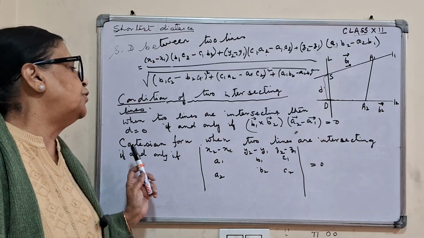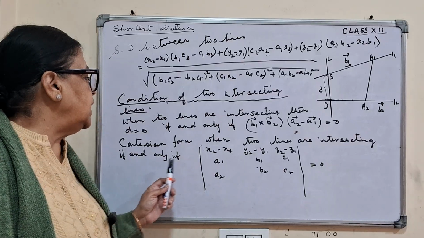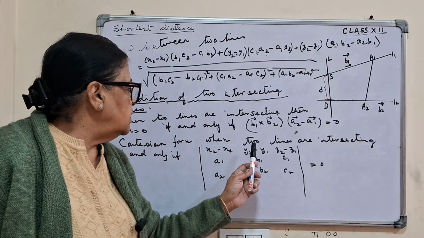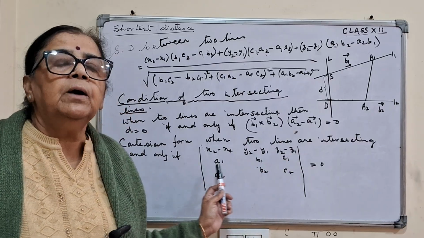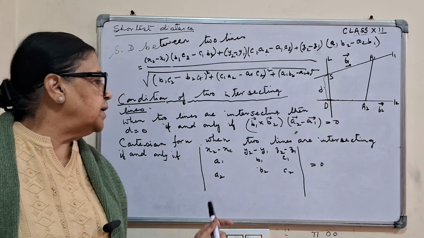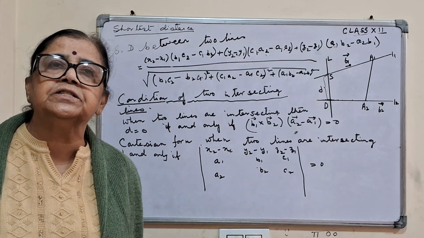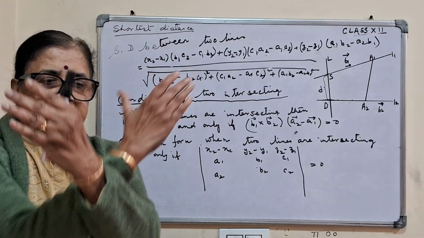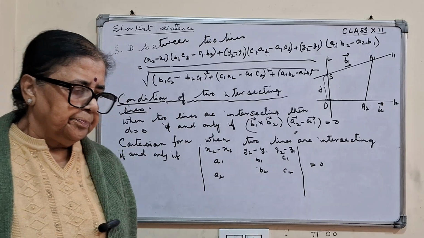In Cartesian form, the two lines intersect if and only if the determinant with rows x2 minus x1, y2 minus y1, z2 minus z1; a1 b1 c1; a2 b2 c2 is equal to 0. Zero means the shortest distance between them is 0 when the two lines are intersecting.